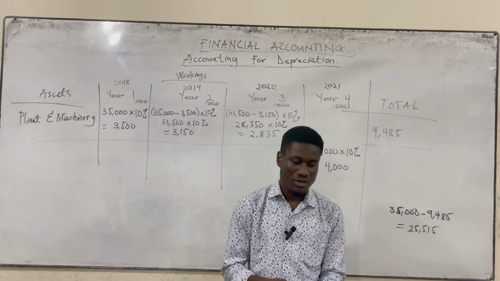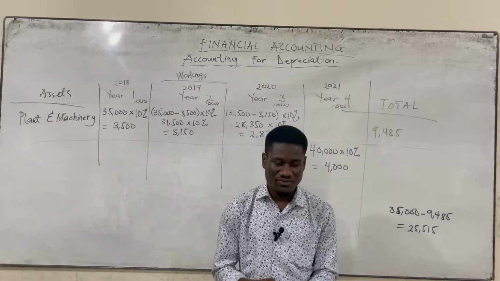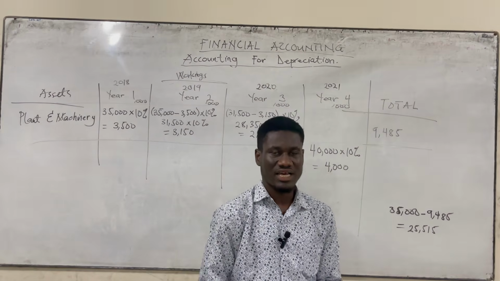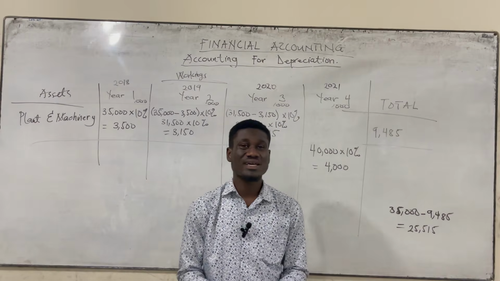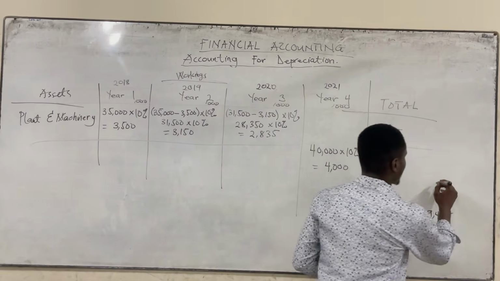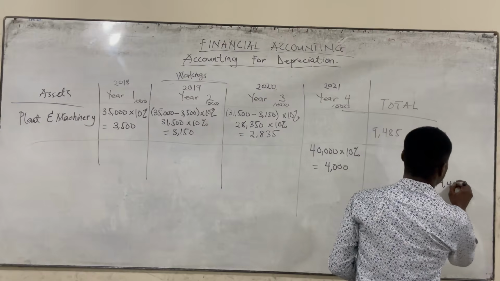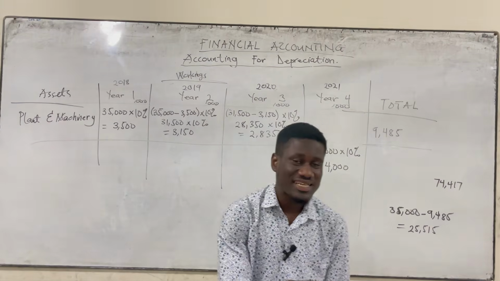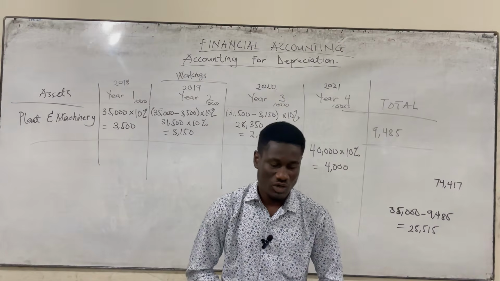So 200,000 minus 125,583 is going to give us our depreciation for that asset. You get it? And we are going to get 74,417 for that asset in the question. So that's the depreciation of that asset in the question.